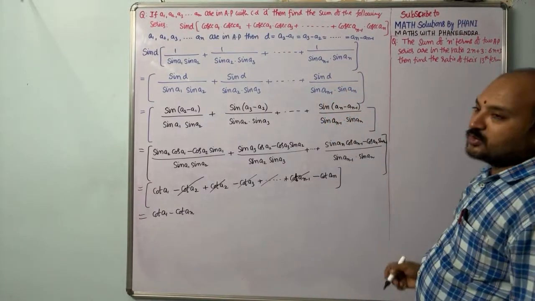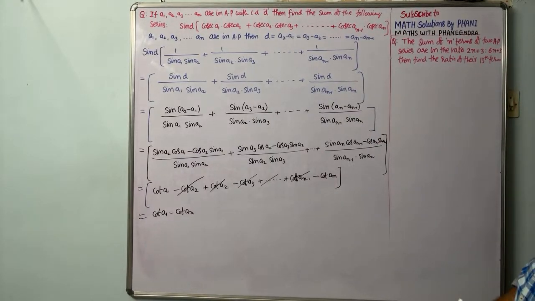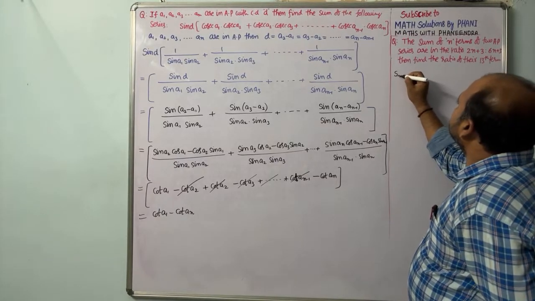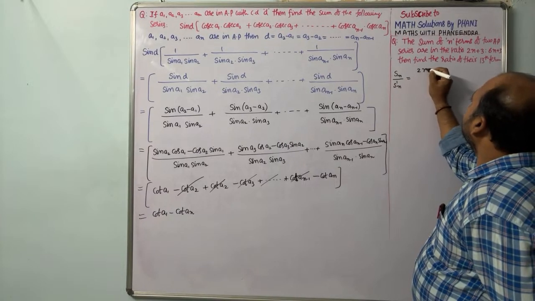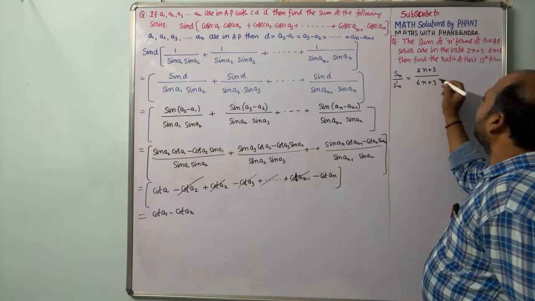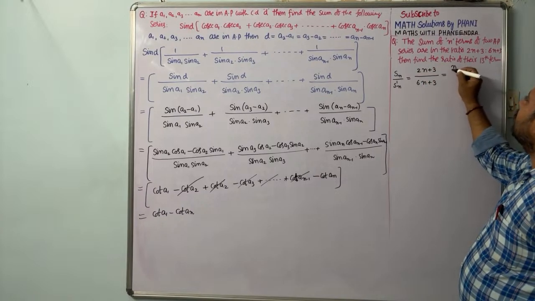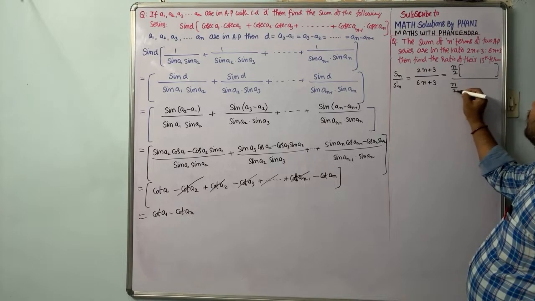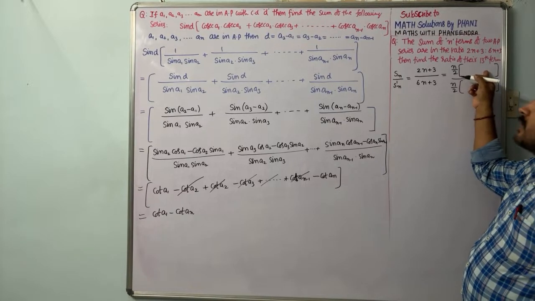Now come to this question. This is the last question. The sum of n terms of two APs is given: Sn by S dash n is equal to (2n plus 3) divided by (6n plus 3). Sum to n terms means I want to write n by 2 here, so multiplying and dividing by n by 2. Keep the bracket in the form 2a plus (n minus 1) into d.